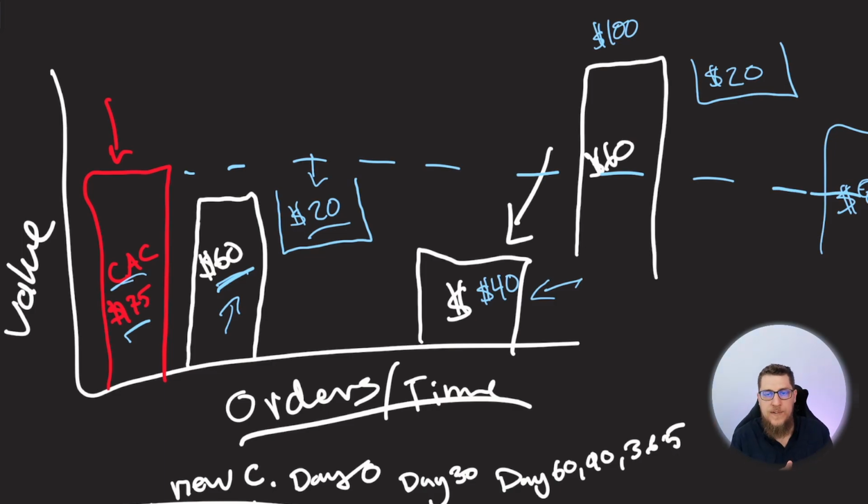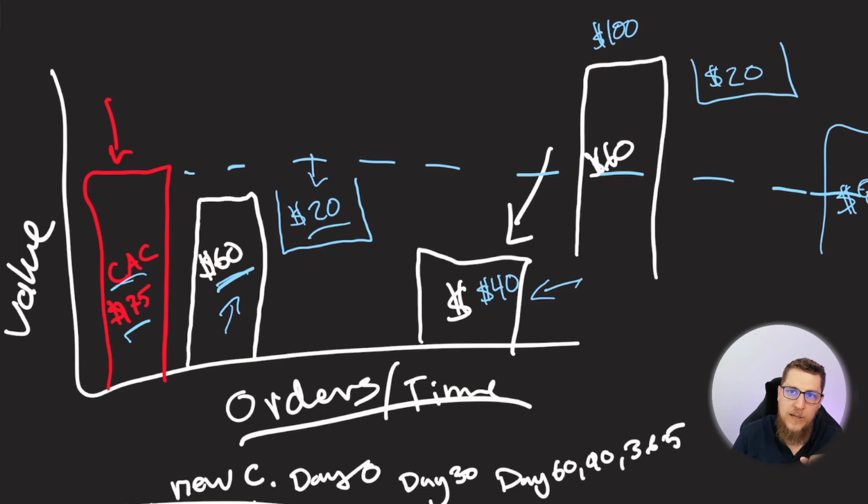So we're not break even on the initial order of only $60, but with the continued value over time, in this case 90 days, the 90-day LTV went up by 20%. We're now at 75. We're break even. We've just now broken even after the 90-day mark. So that can help us set our targets.